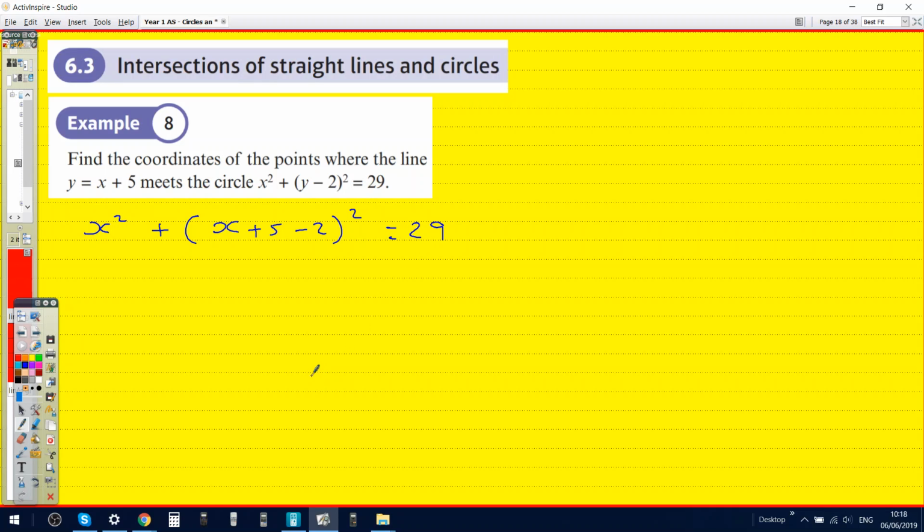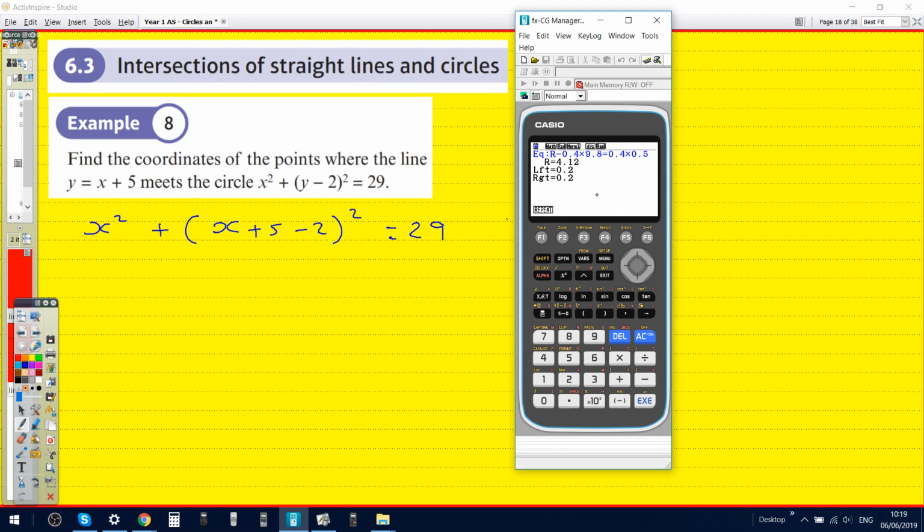Okay, how do you do that? Plus bracket x plus 3 squared. So can we just expand this bracket out first?